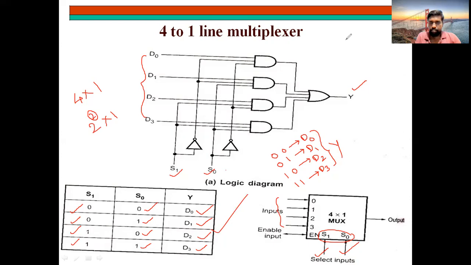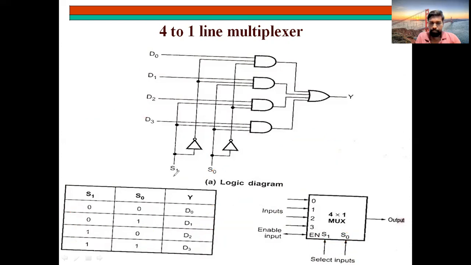So how can you draw the diagram? S0 and S1 and their complementary forms, and we have given 4 inputs. Based upon these, internally it consists of AND gates which act as switches, and the outputs go into an OR gate.